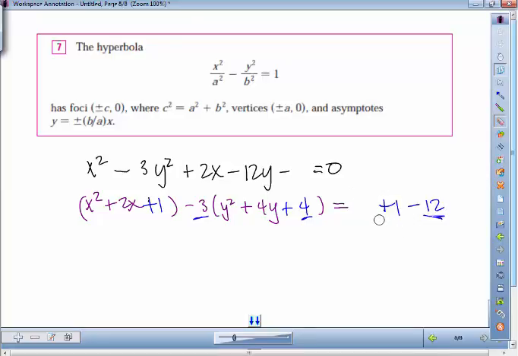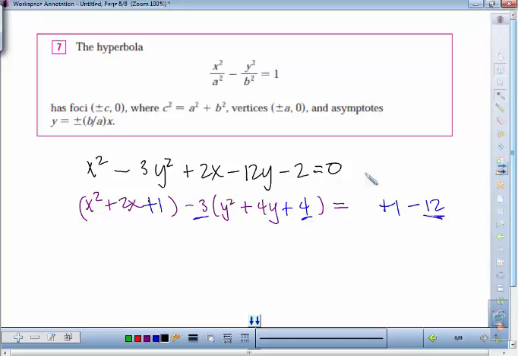What would make this positive 3? 2? I want this right-hand side to be positive 3. If this original problem had a 2? Okay. So if the original problem had a 2, the right-hand side is going to be a 3.